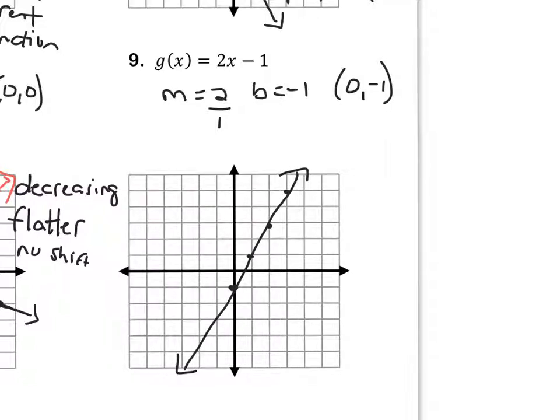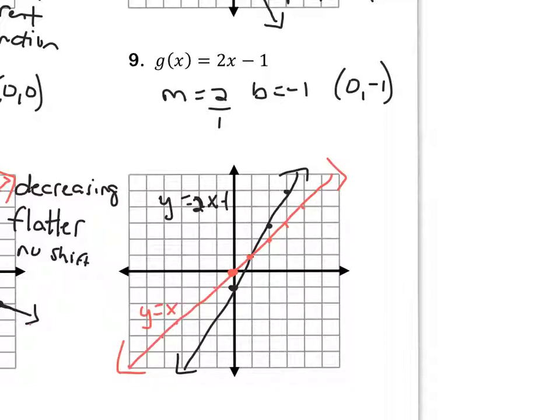So this is y equals 2x minus 1, right there. Hopefully you can do better than I did. And then we'll do the parent function, which again starts at 0, and then it's a slope of 1, so we'll draw that in there.